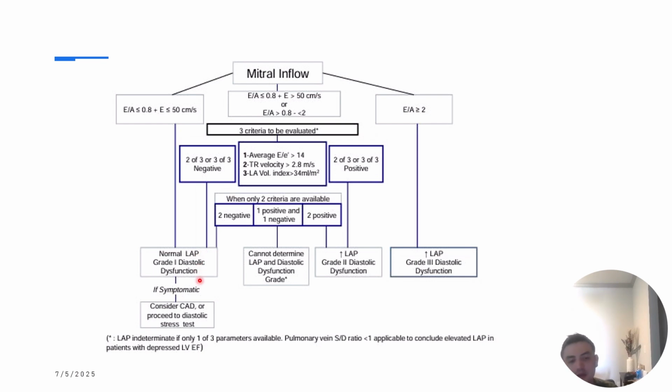But if you're still symptomatic, you can consider a stress test. So when you have a combination of all of those parameters, you may use other parameters to see if you have an elevated left atrial pressure.